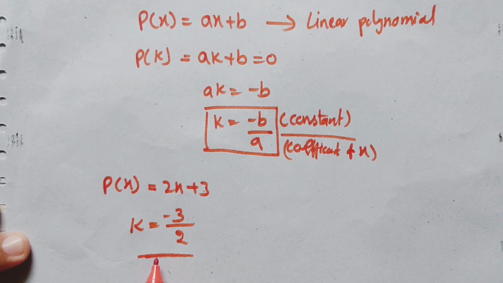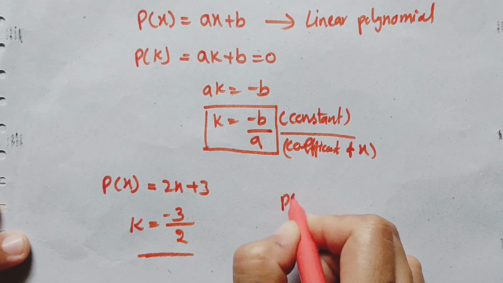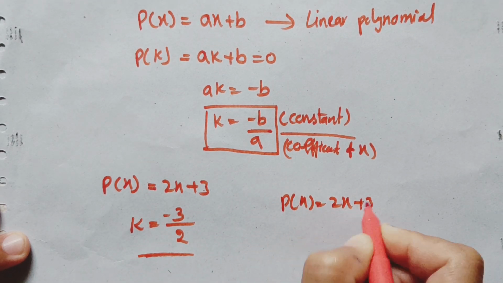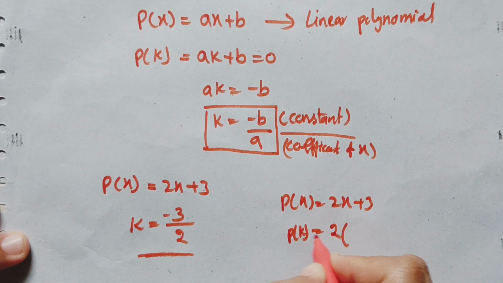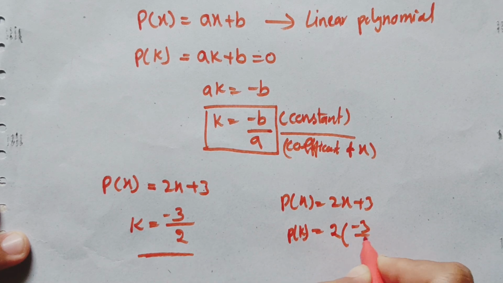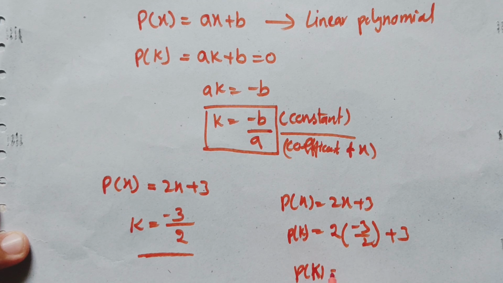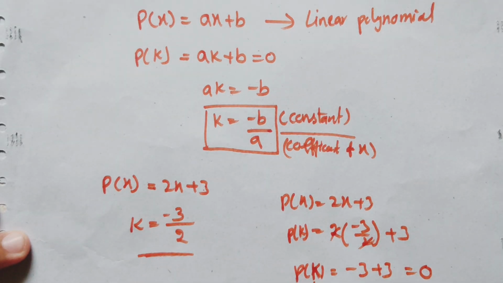Okay, if you have any doubt you can do the cross check here. So p of x equal to 2x plus 3, then p of k equal to 2 into k, what is the value of k? Minus 3 by 2, plus 3. So p of k equal to, here 2 gets cancelled, minus 3 plus 3, which is 0. Therefore the value of k is minus 3 by 2. Minus 3 by 2 is the zero of polynomial p of x.